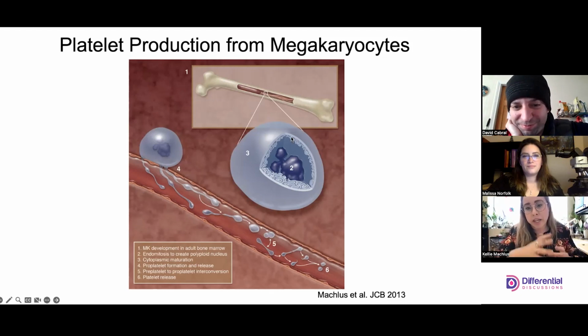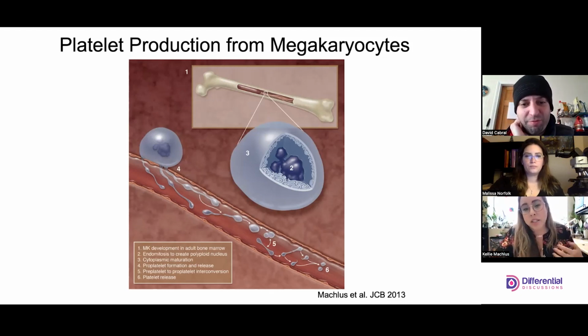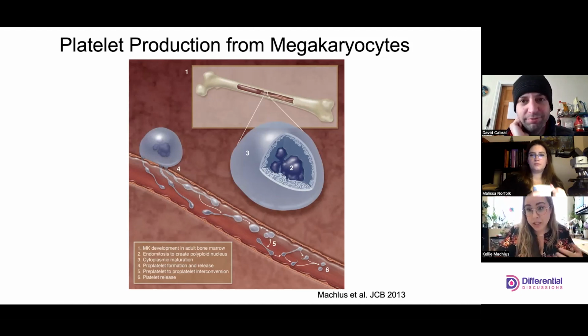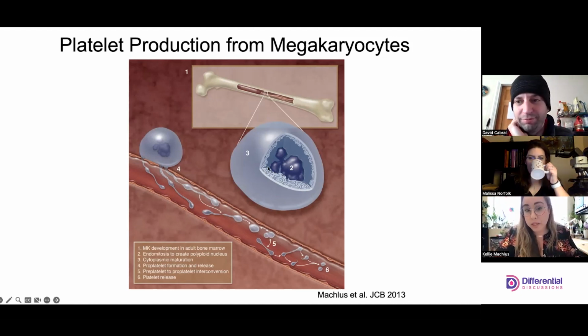When the megakaryocyte undergoes this maturation process and when it's ready to make platelets, and we don't really understand what that means, ready, it will sit up against the vasculature, up against the endothelial cells. And this diagram is actually now incorrect.